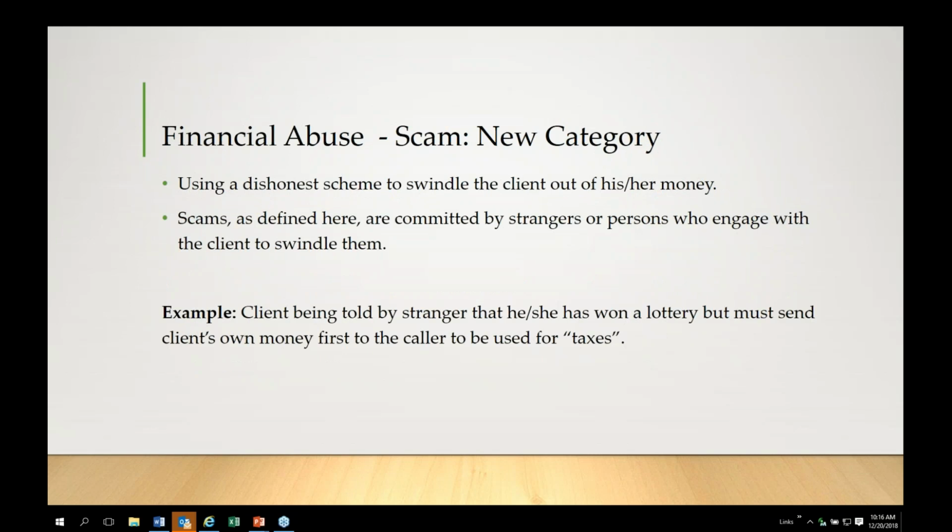And then scams is a dishonest scheme to swindle the client out of their money. Scams can be committed by strangers, but they can also be committed by people that the client knows. For example, sometimes we have the sweetheart scams. And I think you're all aware of the various stranger scams that are out there, like the lottery scam, the grandparent scam, or the taxes scam, so the IRS one.